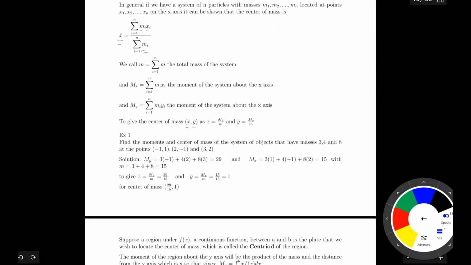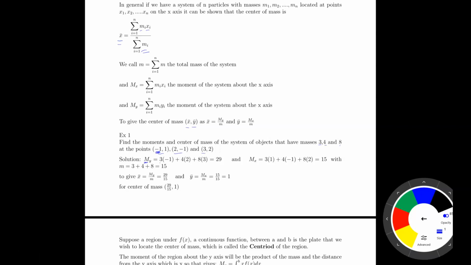If we're just talking about little masses, 3, 4, and 8 at these xy points, then to find the center of mass, I'm sorry, first the moment. The moment about the y-axis: I take the mass of 3 times the distance it is from the y-axis, which is the x.